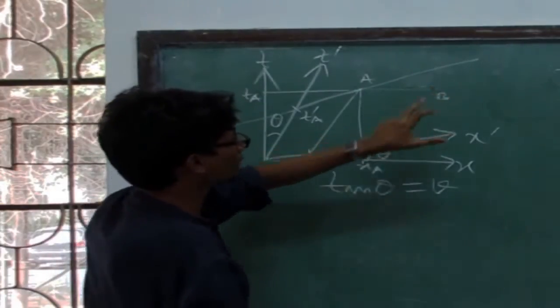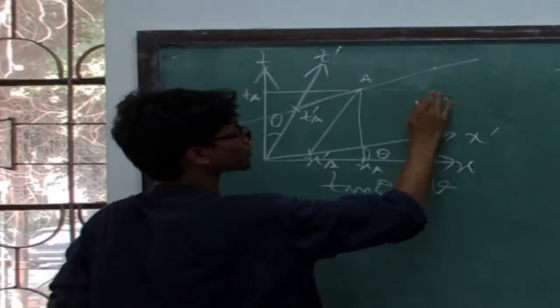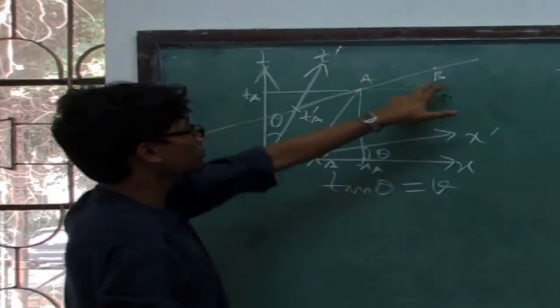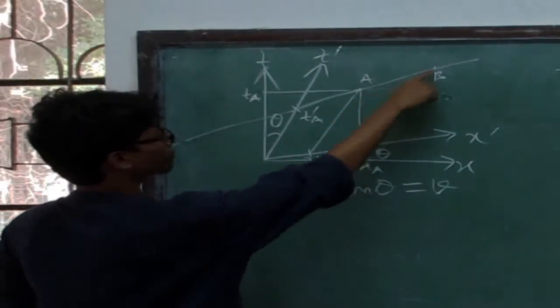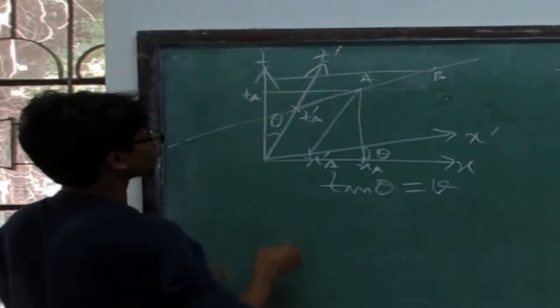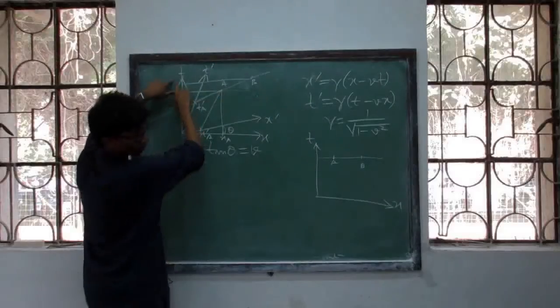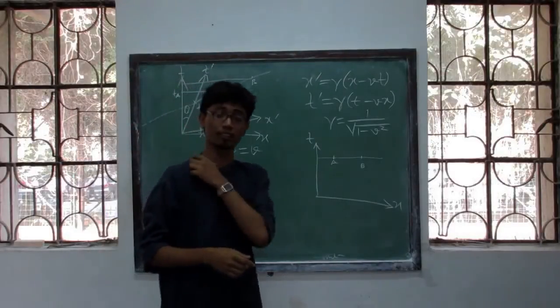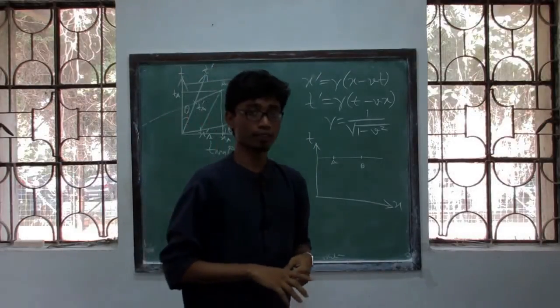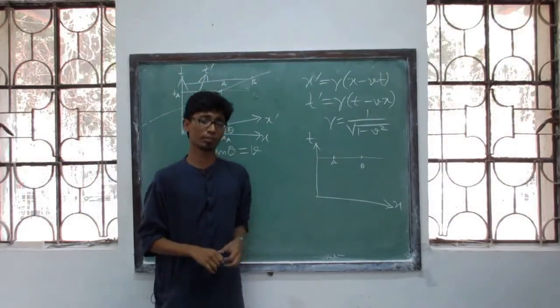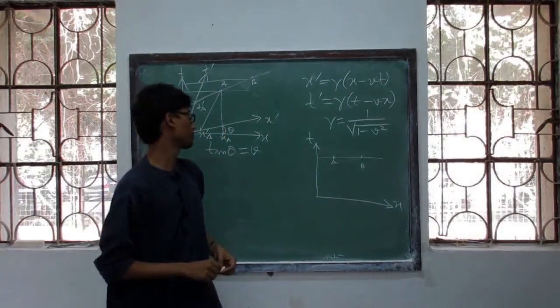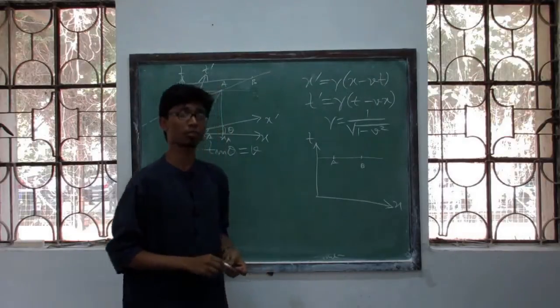So had B been lying not here but here, I'd find B to be simultaneous with A in my prime set of coordinates, whereas A and B would have very different time coordinates in my unprimed frame of reference. So that's basically the relativity of simultaneity: some events which appear simultaneous in a certain frame won't appear simultaneous in some other frame.